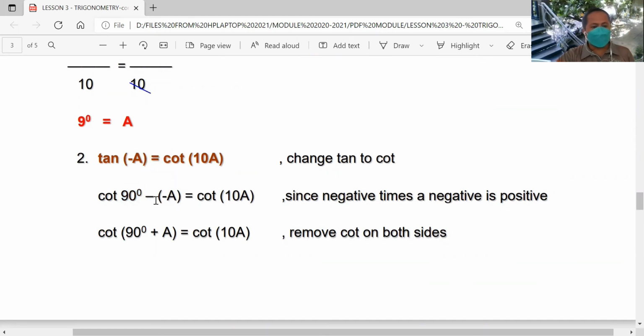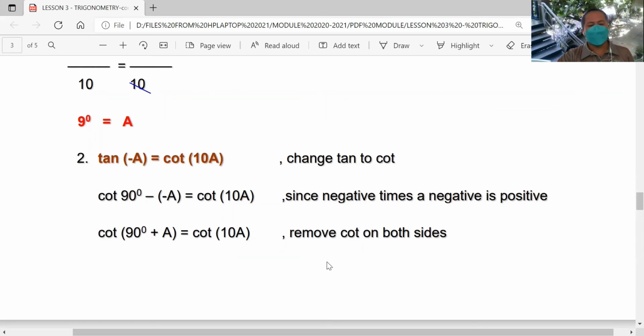So 90 degrees minus negative a is equal to cotangent 10a. Negative times negative becomes positive. So cotangent of 90 degrees plus a, plus because negative and negative is positive, is equal to cotangent 10a.